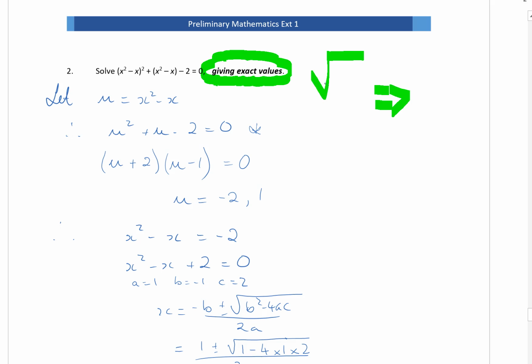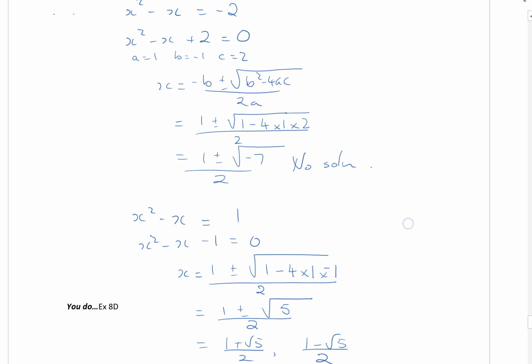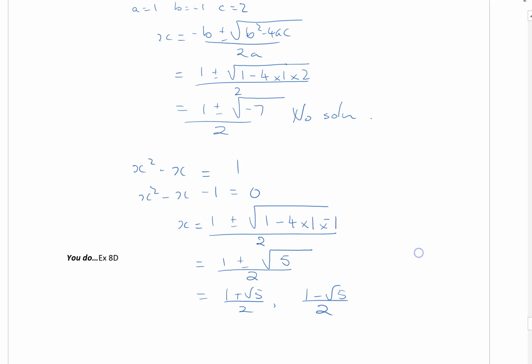And from that, if you're going to have a surd in your answer when you're solving a quadratic, then you're probably going to need to use the quadratic formula. And while it didn't work with our first solution, it did become obvious in the second option for you. I think you should be right to do exercise 8D now.